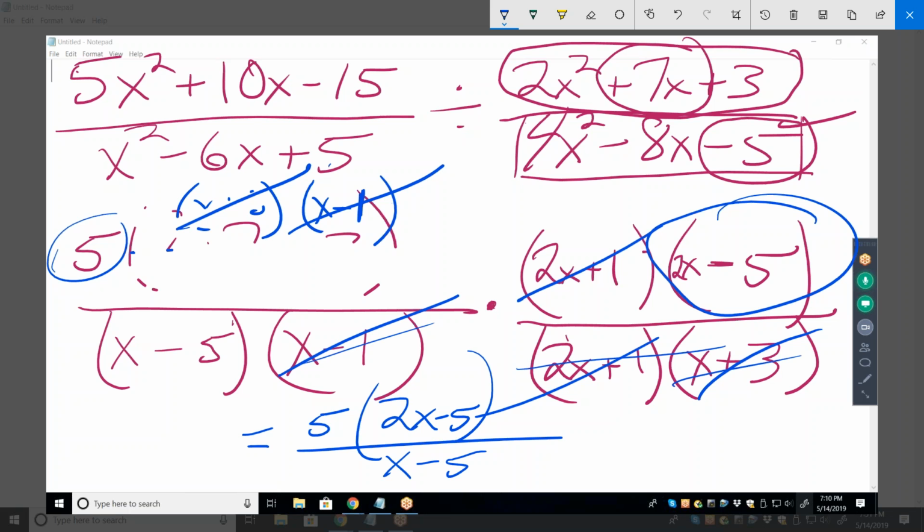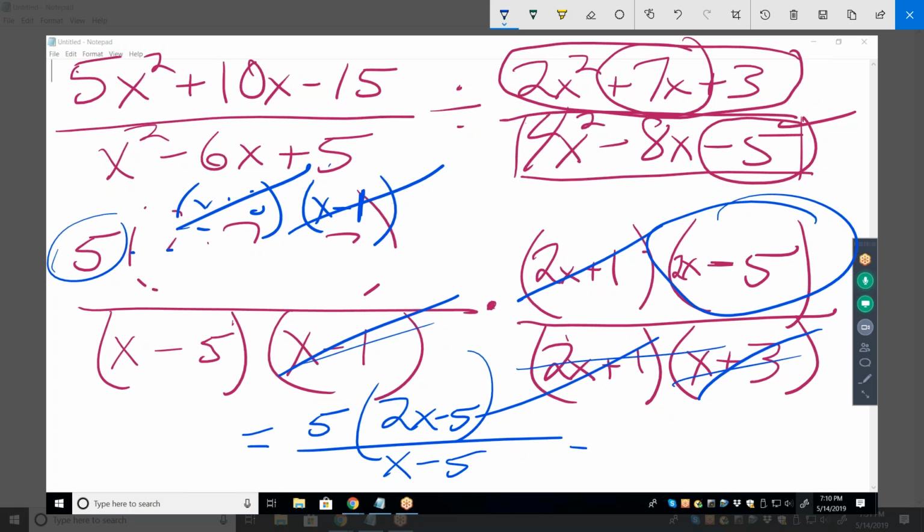Notice I can't do anything with the 2x minus 5 over x minus 5. They're not the same thing. They've got to be the same thing, or a minus b over b minus a. That's the only time you can cancel something that is not exactly the same thing.